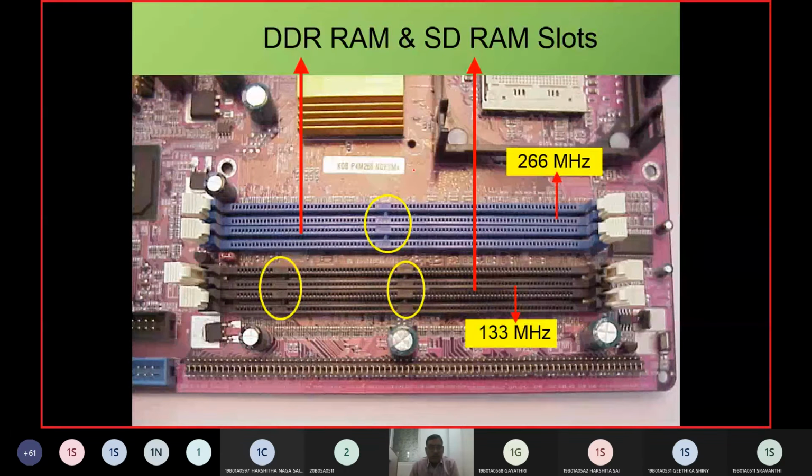Next comes the speed at which this double data rate RAM is going to work. It is working at 266 megahertz, and the synchronous dynamic RAM is going to work at some 133 megahertz. In this way, the clocking, the synchronization is going to happen. Timing pulses are going to be generated.